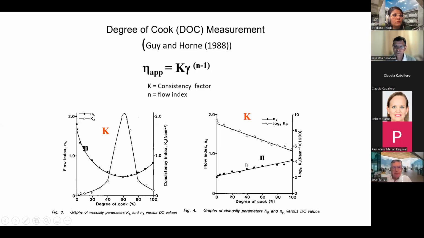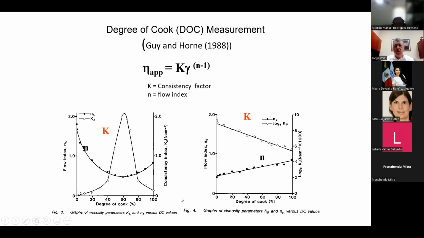If you take that and reconstitute it and measure the viscosity, as the degree of cooking increases, the viscosity, this is a consistency index, will reach a peak because of gelatinization. But as the shear forces increase, because of the breakdown of the gelatinized starch granules, the viscosity will actually decrease.